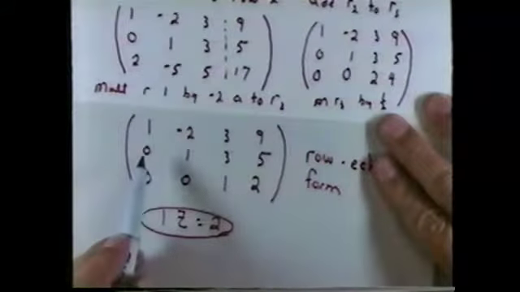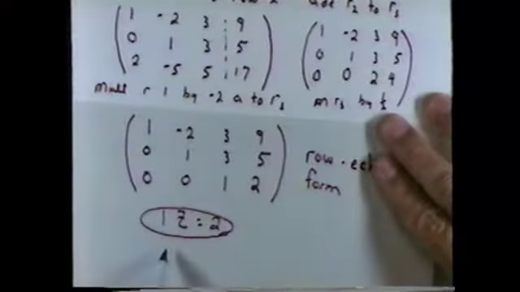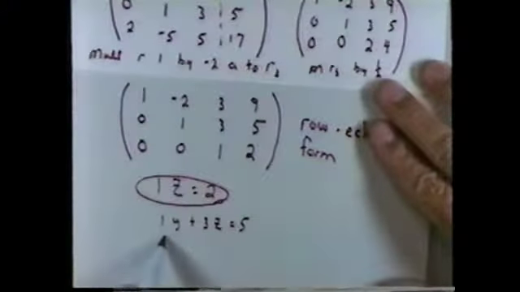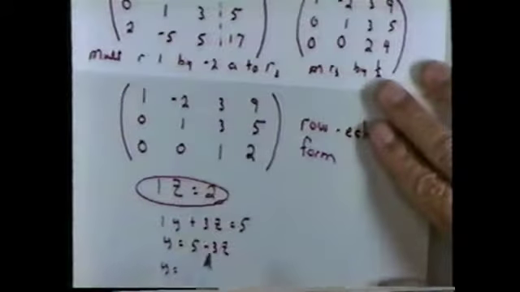This is going to be 0x plus 1y plus 3z is equal to 5. Or I get y is equal to 5 minus 3z. Well, z is 2. 3 times 2 is 6. 5 minus 6 is negative 1. So y is negative 1.